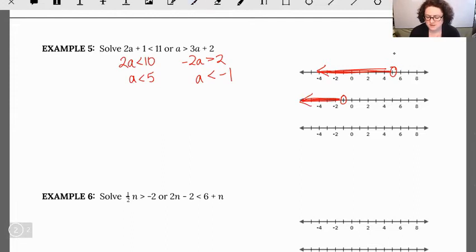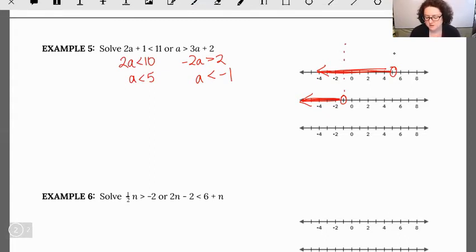So wait a second, let's think about that. We have multiple things happening. It could either be in one section or it could be in the other. And we do have some overlap happening, kind of past that -1, but it could be in either section.